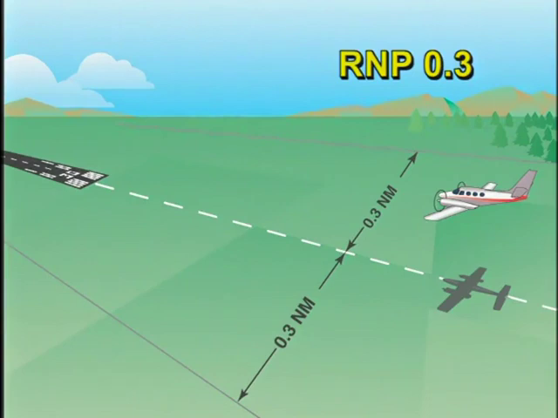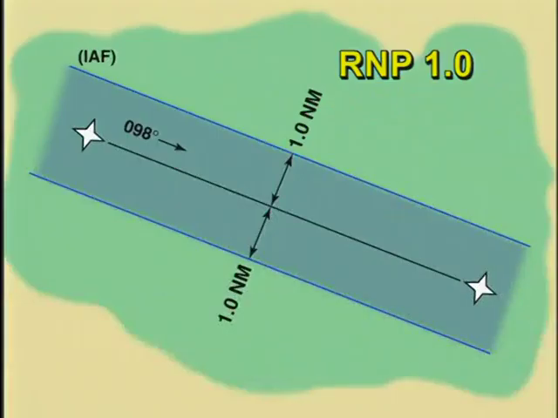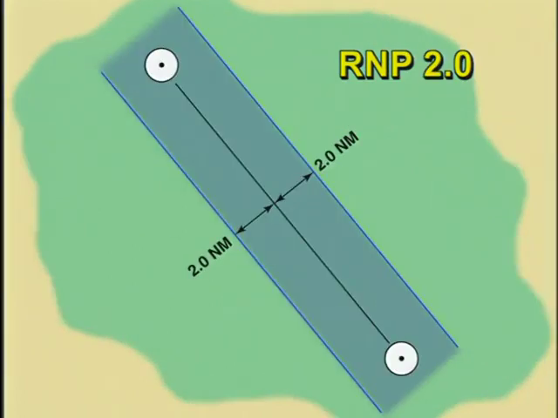An example of this RNP level is the specific performance required on the final approach segment of an instrument approach. An RNP level of 1.0 is typical of that used to define a terminal route, and an RNP level of 2.0 is the width typically used for en route operations.